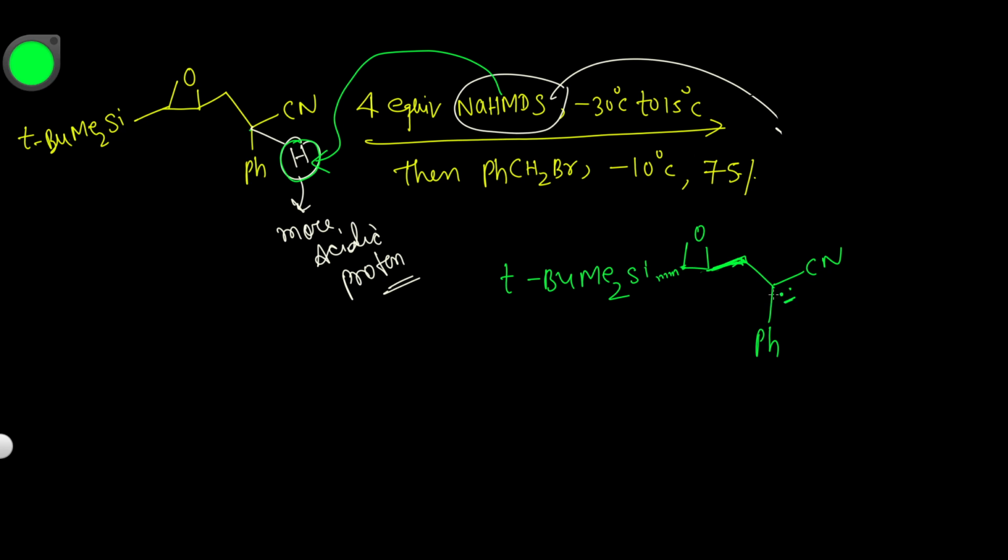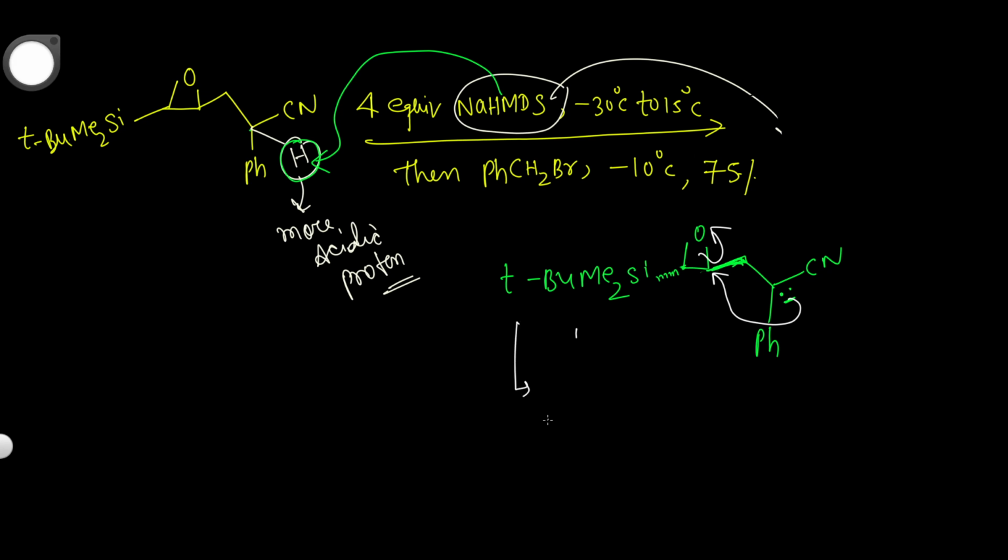Because we have a 3-member epoxide ring, and we know that a 3-member ring is unstable, so it wants to break. And how does it break? This negative charge will attack this epoxide, and it will break.